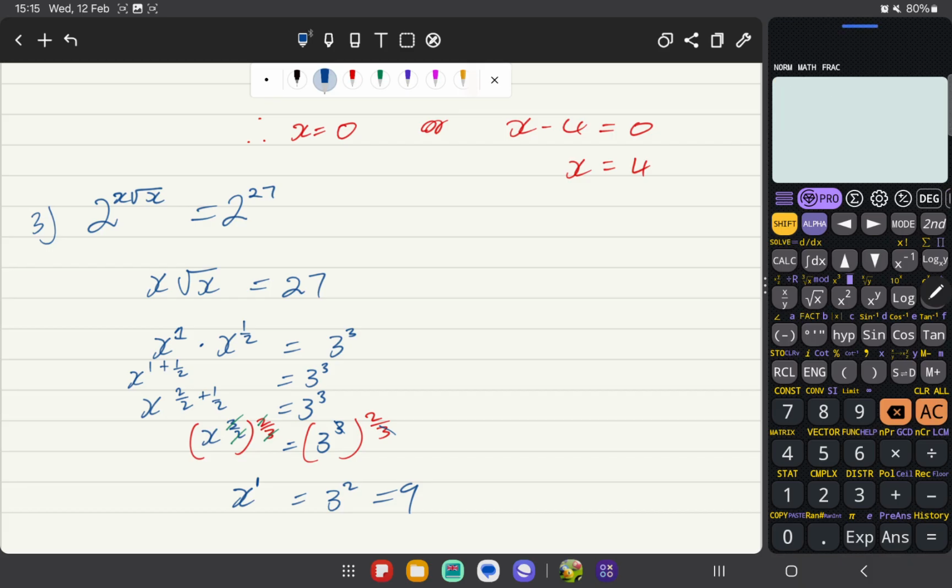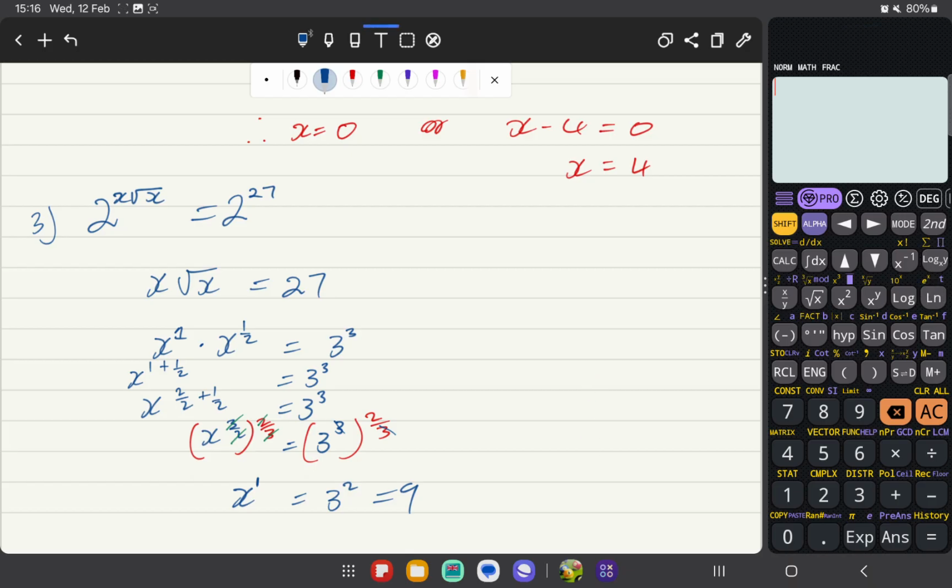We put it into our calculator. 2 to the power of... we'll say shift, I believe. Not shift. So we have 9 root 9. Is that for real? That isn't right.